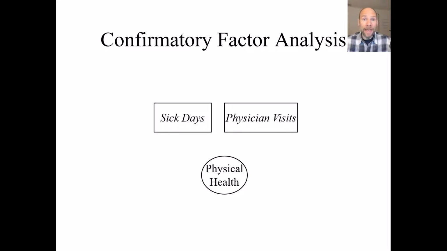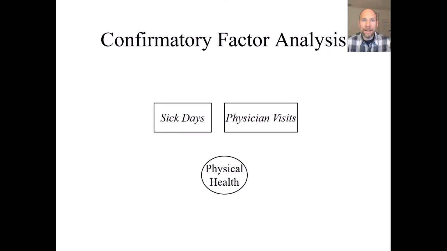But together, the number of sick days and the number of physician visits provide us with more reliable information, because we have some sort of replication of scores that are related to physical health, and they are very likely correlated.